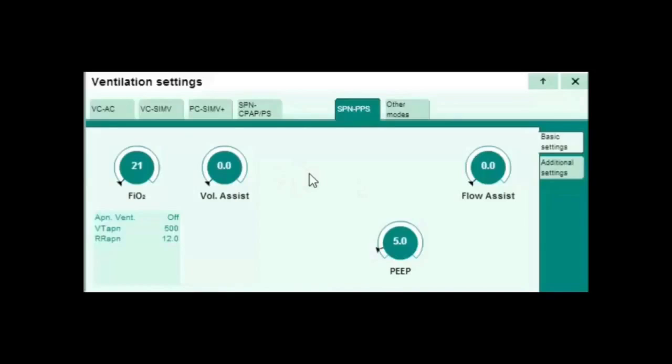This picture shows the settings for Draeger's proportional pressure support, PPS, their version of proportional assist ventilation. As you see, I have a setting for my volume assist, and this would be my K1, and my flow assist, which is my K2. Now my ventilator is going to monitor from the patient either a compliance or elastance, for my volume assist, and it's also going to monitor my patient's resistance.